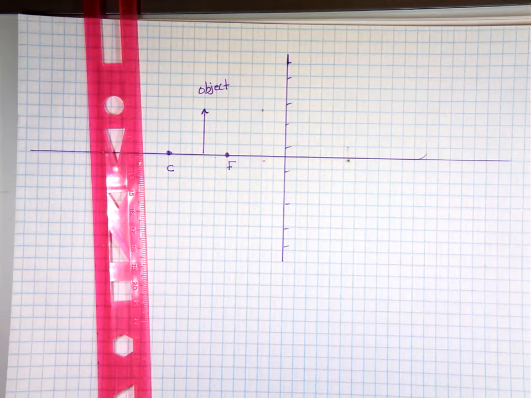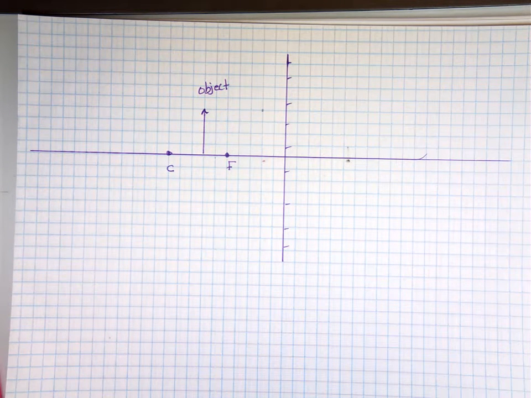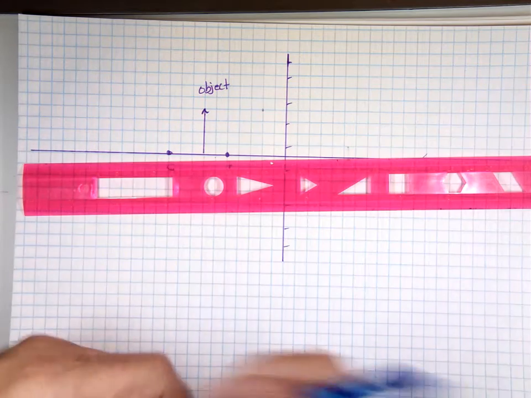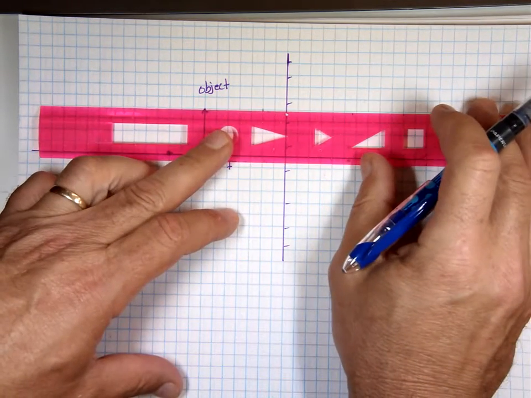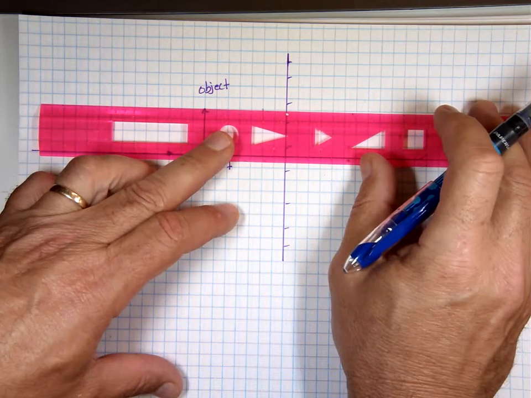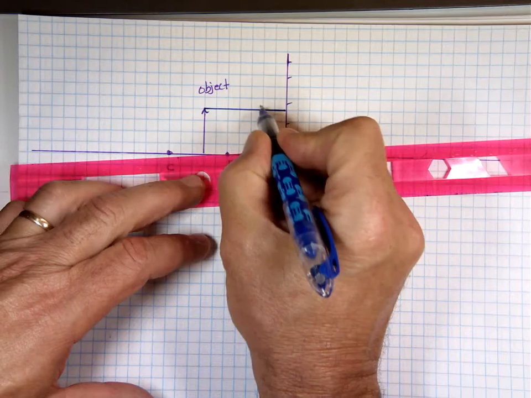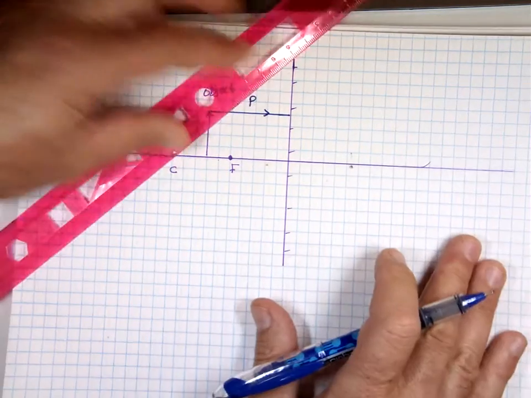I'll try to stick with the color coding. The P-ray, the parallel ray, I use blue for that. In case you forgot, the P-ray goes in parallel, and it comes out through the focal point, right?